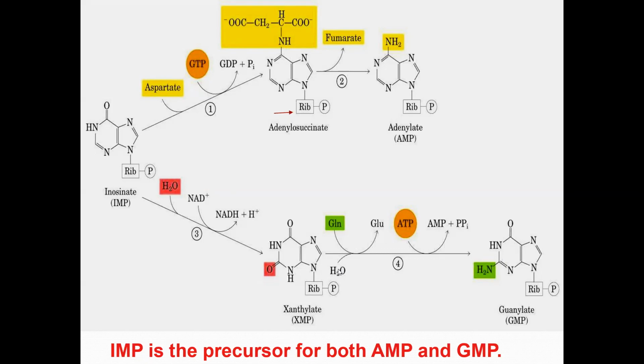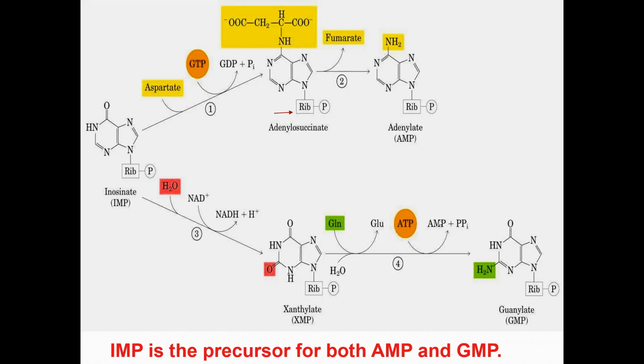When xanthine monophosphate undergoes the subsequent reaction in the presence of transferases, glutamine transfers its amino group at this ketone, and ATP is required as a source of energy here, leading to the synthesis of guanylate, guanosine monophosphate.